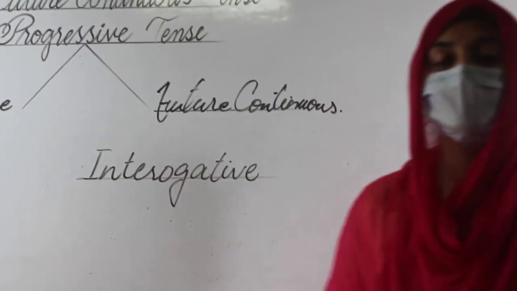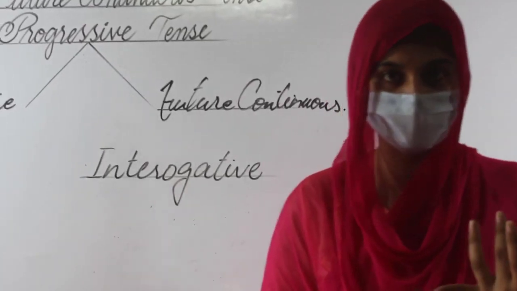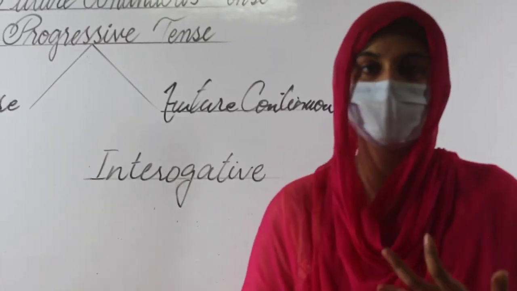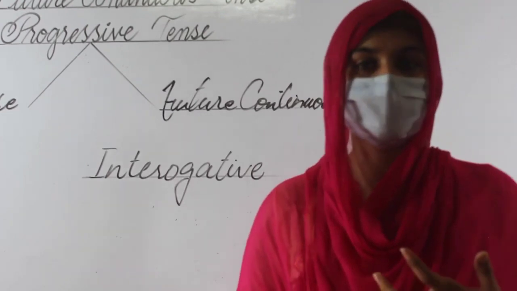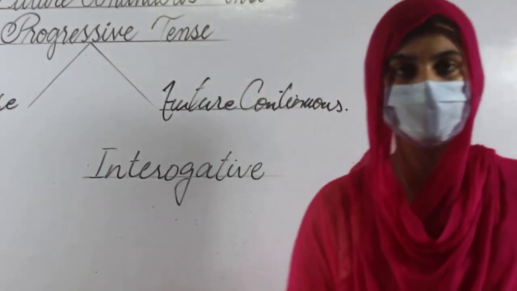Interrogative is the last part of the future continuous tense. We discussed affirmative, we discussed negative, and we are going to discuss the interrogative, which is the last part.